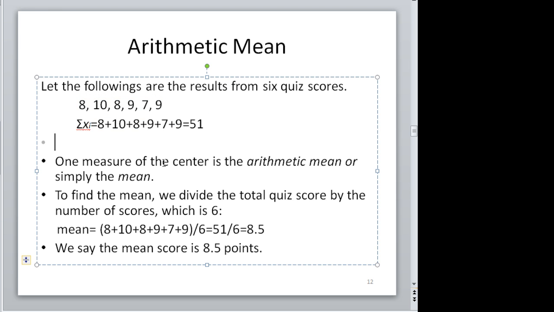One measure of center is the arithmetic mean, or simply the mean. To find it, you add them up, which is what we did, 51, and divide by the number of data points. We have 6 scores, so you divide by 6 and you get 8.5. So the usual average, but technically the arithmetic mean, is 8.5.